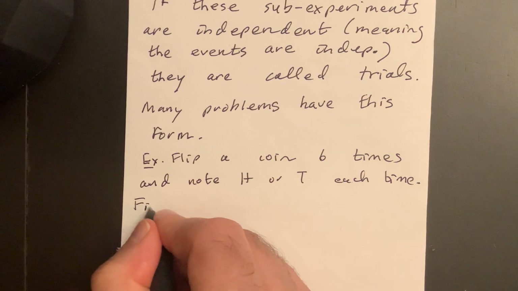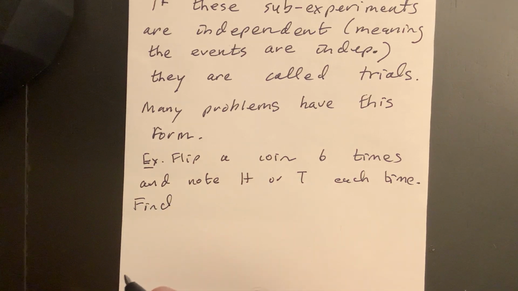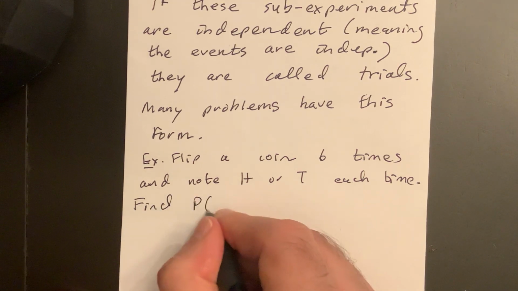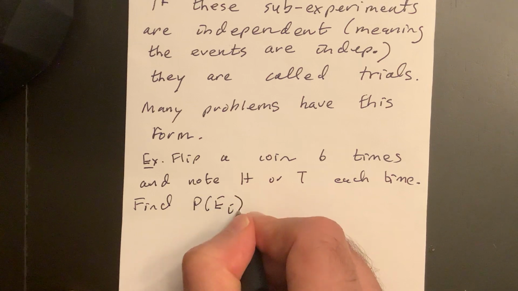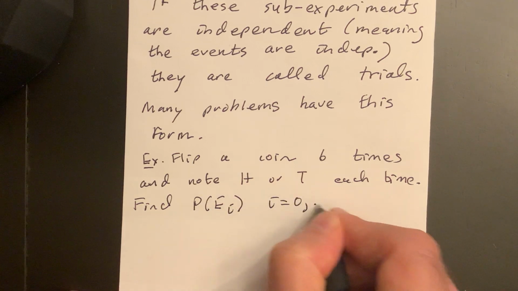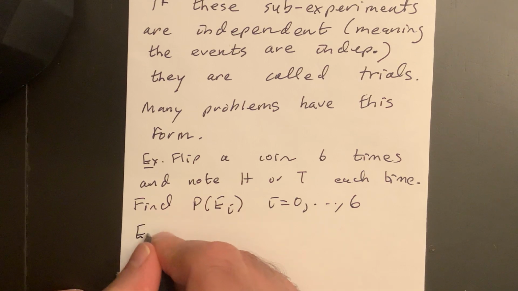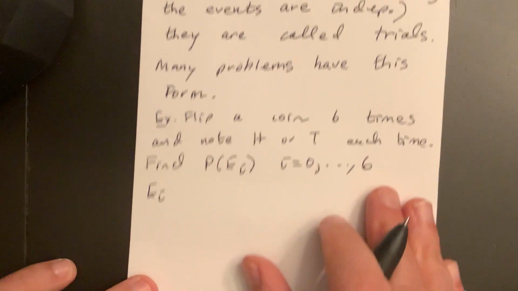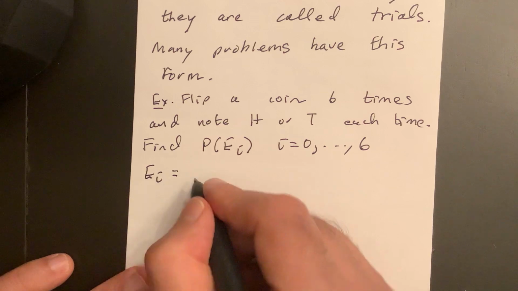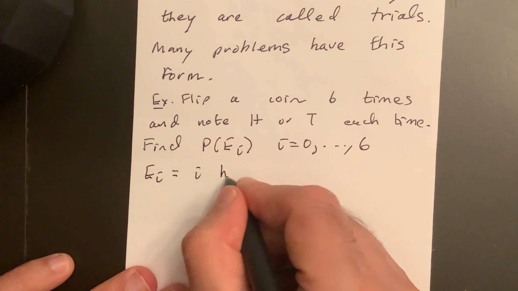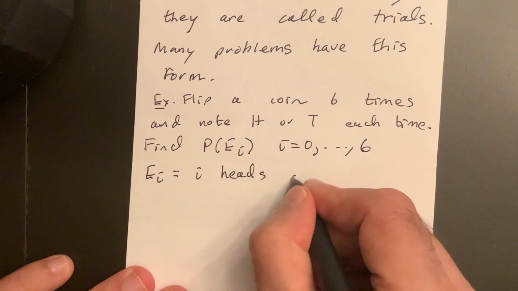Find the probability of E_i, where i is 0 to 6, and E_i is i heads occurred.